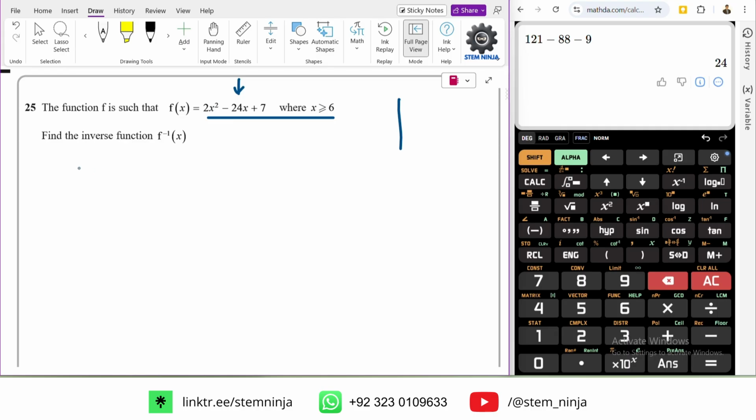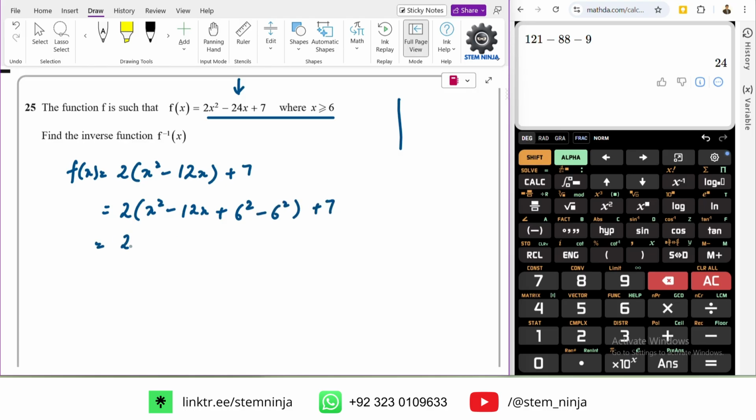Right, so first off, we need to express it in the completed square form. So 2x squared minus 12x plus 7. So 2 times x squared minus 12x plus 6 squared, minus 6 squared, plus 7.